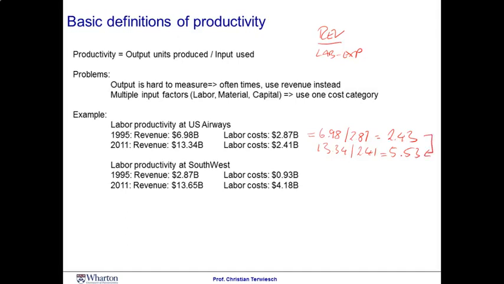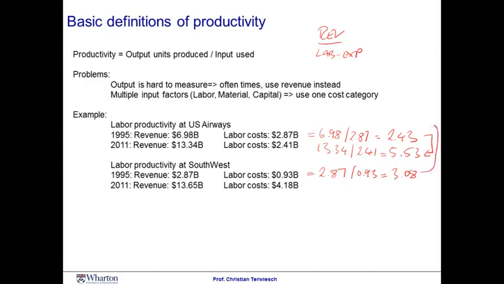The situation at Southwest looks as follows. In 1995, their labor productivity was given by $2.87 billion in revenue divided by $0.93 billion for labor expenses, equals 3.08 as the labor productivity.